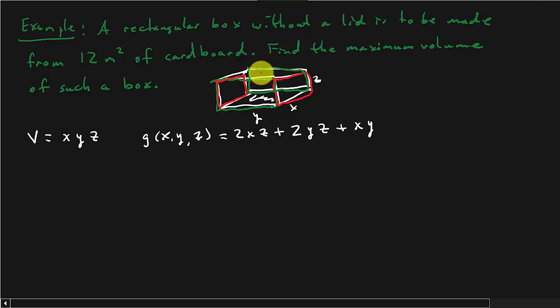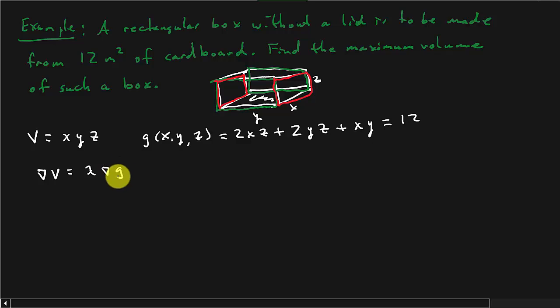Now remember, we're not going to add the top in because it says without a lid, and we know that is equal to 12. All right, so we've got the gradient of V is lambda times the gradient of g.